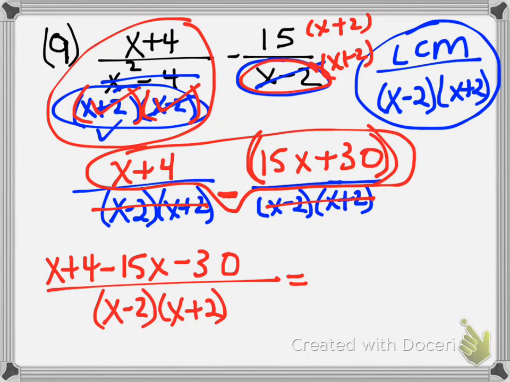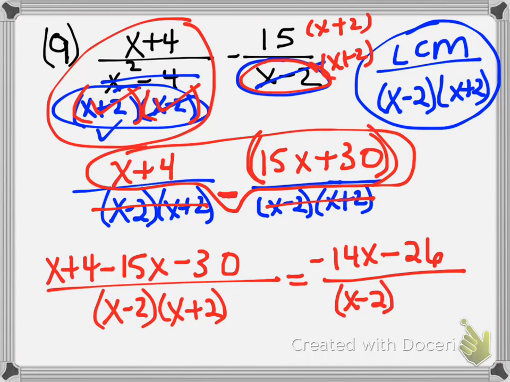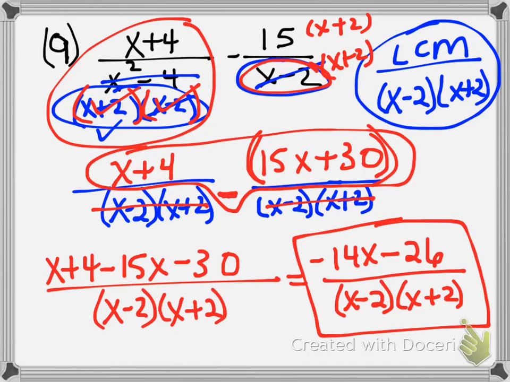So now when I combine the like terms, I have negative 14x minus 26 divided by x minus 2 times x plus 2. If you did not factor it and find the least common multiple first, you did lose points on this problem.